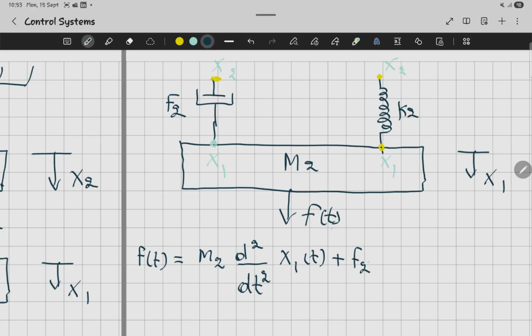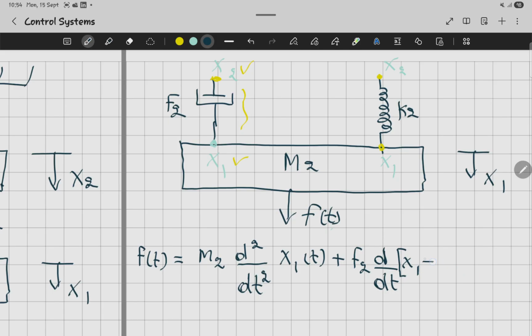For f2, it's going to be d/dt of x. Instead of writing x1, we can clearly see this is f2, so we have x2 and x1 and f2 in between. We're going to solve it according to that, starting with the one close to the mass, close to m2.